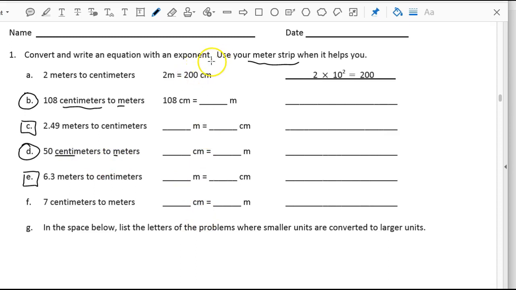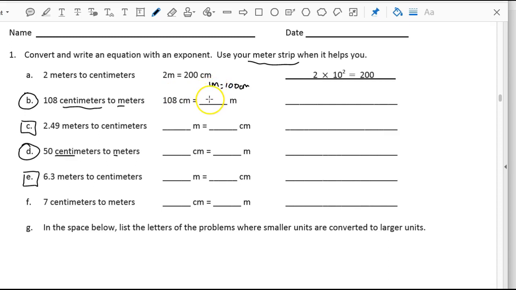So taking a look at this very first one right here that's not yet done, I'll go to the one that is done in just a second. We know that if 1 meter is equal to 100 centimeters, we're going from something large as far as the number goes. There's 100 of them, and it takes 100 of them to make 1.